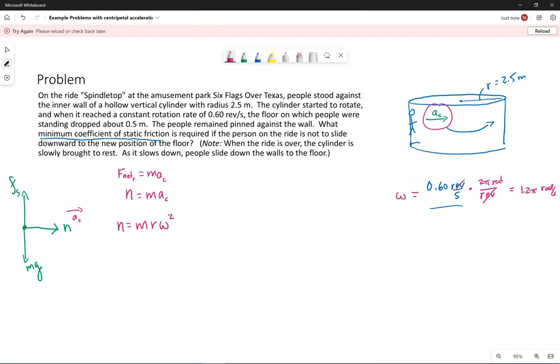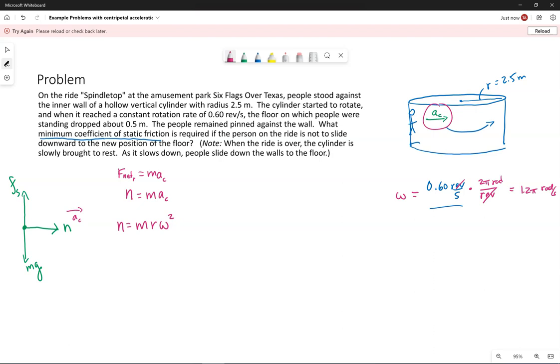Since they give us omega, I'm going to go ahead and plug in the acceleration as r omega squared. All right, we have the radius. We do not have a mass. We have omega. And so really we need to figure out where to go from here.